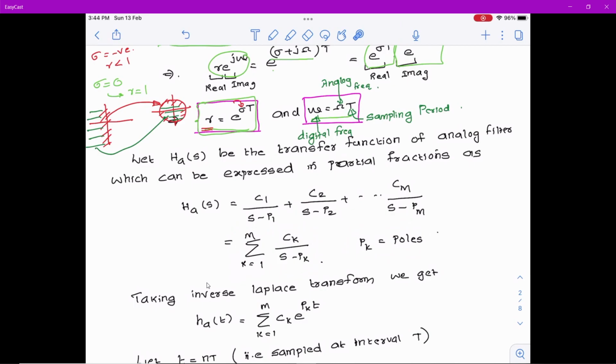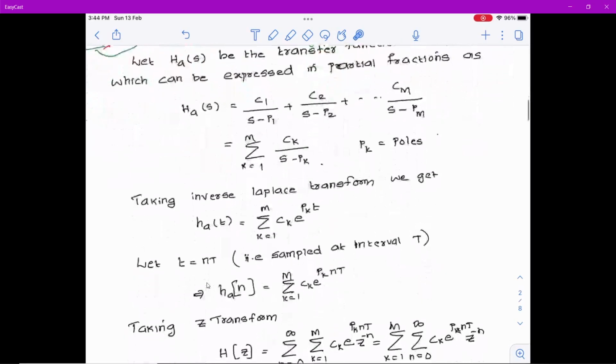If you take the inverse Laplace transform of this, you will get the continuous time impulse response HA of t for the analog filter as sigma k equal to 1 to m ck e raised to pk t. You get e raised to pk t because 1 by s minus pk has the inverse Laplace transform e raised to pk t.